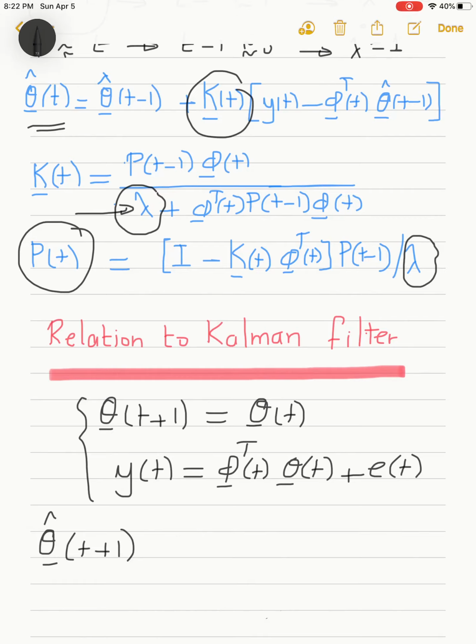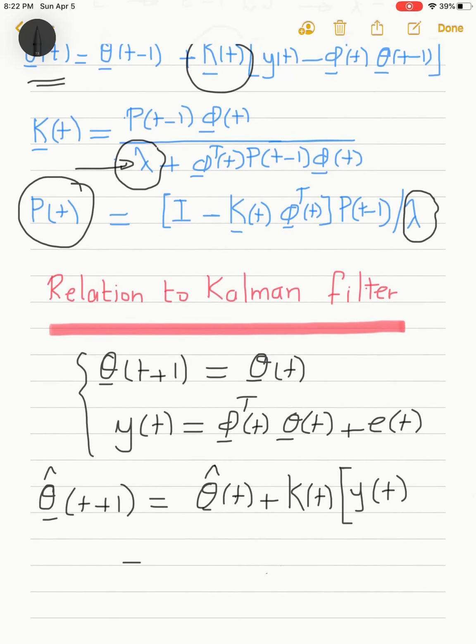In that case, theta hat would be the observed states, equal theta hat of t plus a gain, and that gain has to be the optimal gain according to Kalman design, and that would be multiplied by the difference between the output measurement and the calculated measurement. In that case, it would be phi transpose times the states of the observer.